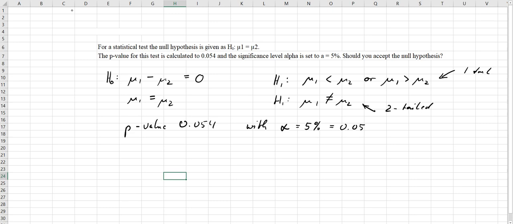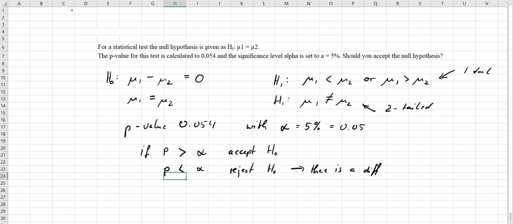And we can say if p is larger than alpha, we accept our null hypothesis and say there is no difference. And if p is smaller than alpha, we can reject the null hypothesis and say yes, there is a difference between the samples.